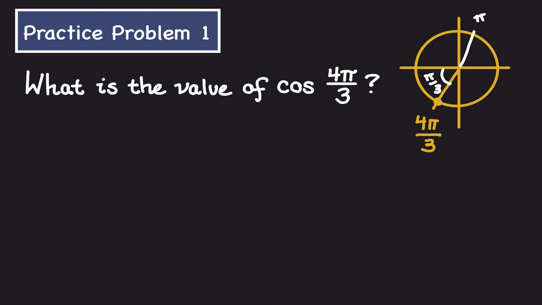Pi over 3 was our equivalent of 60 degrees. So hopefully, we can go to the 30-degree one if we need to. But this is where we had the coordinates 1/2, root 3 over 2. Sorry, that went off the screen a little bit. But I have that one memorized because I just have memorized that sine of 30 is 1/2.